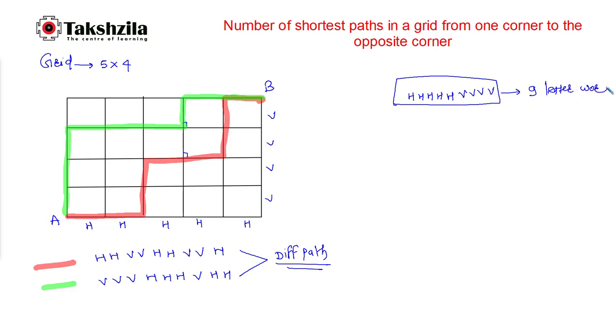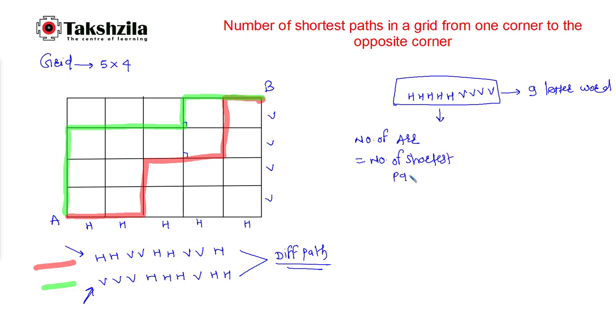Every arrangement of this word will generate a new path. For example, this is one of the arrangements of this 9-letter word, such that every arrangement will generate a different path. So the number of arrangements is going to be how much? The number of arrangements is going to be the same as the number of shortest paths.